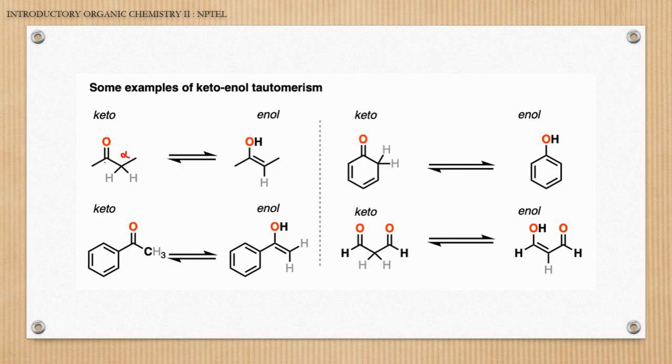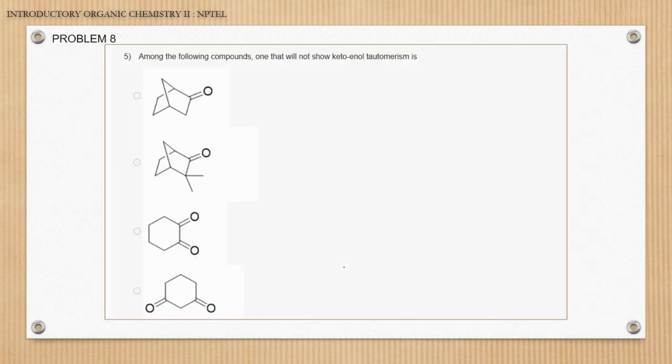If the carbonyl carbon has an alpha proton, this alpha proton will delocalize with the carbonyl to give you an enol form, which is a reversible reaction, right? So if you have an alpha proton present in the system, then it can show keto-enol tautomerism. Okay. So now coming back to the question.